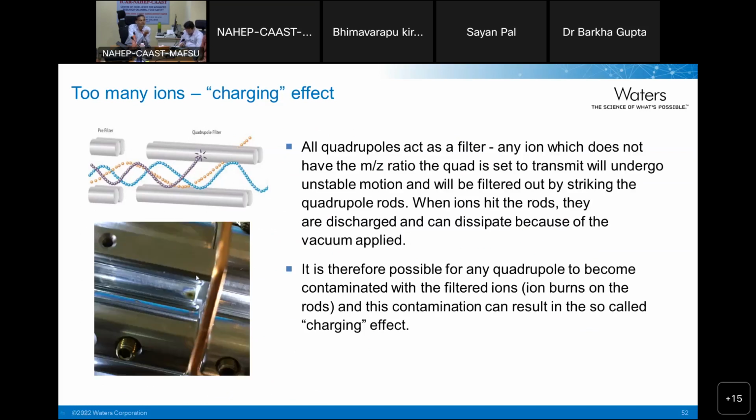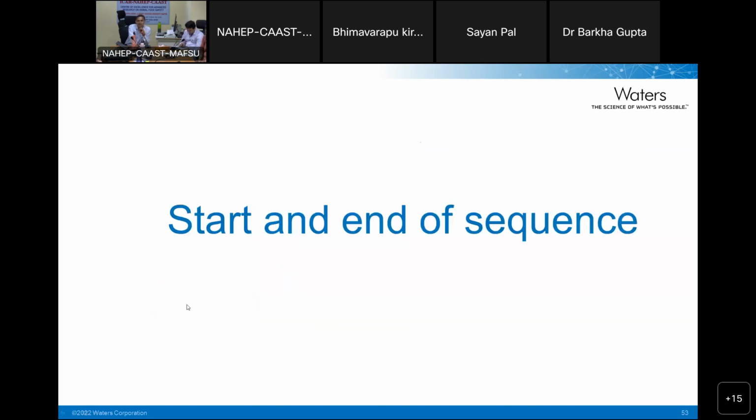Over a period, you can see some contamination in this quadrupole region. Again, you cannot do anything, but you can understand there is contamination. You need to call some technical person to take care of that. Right?